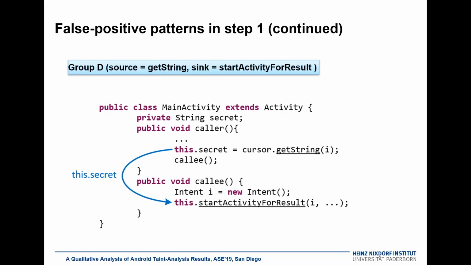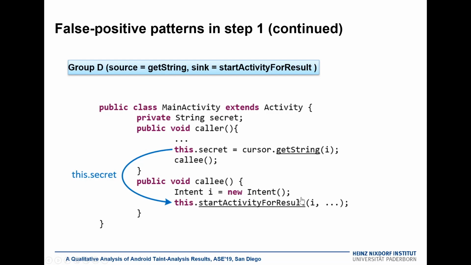Next, I want to show you some false positive patterns which are caused by the analysis rule used in FlowDroid. In this example, FlowDroid taints this secret and reports a data leak when the sink method is called on this. However, in this case, there is actually no tainted data flowing into the intent I which is passed to the sink method.